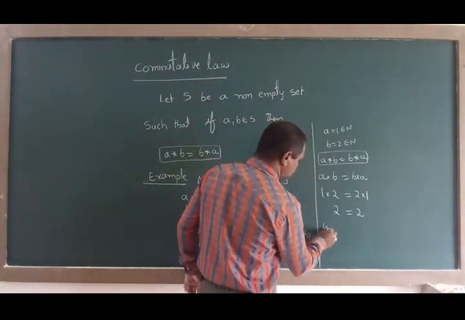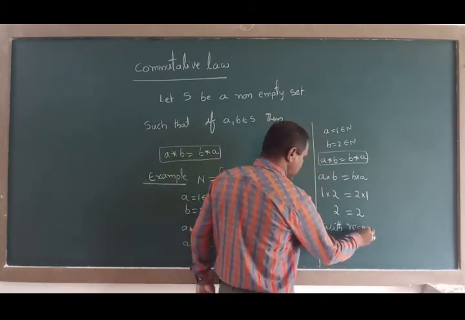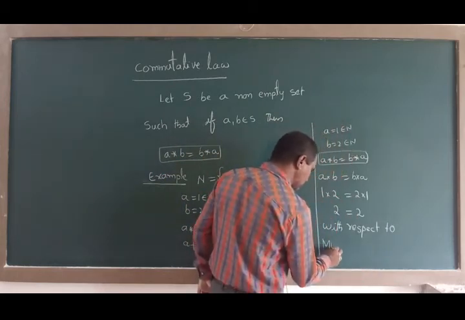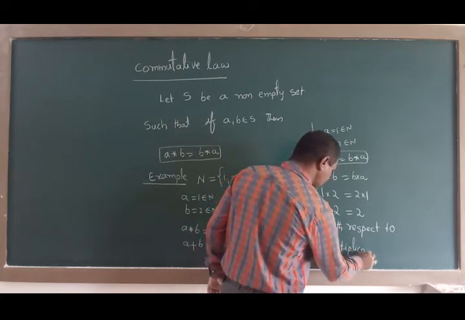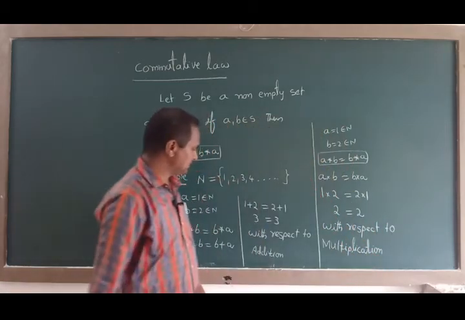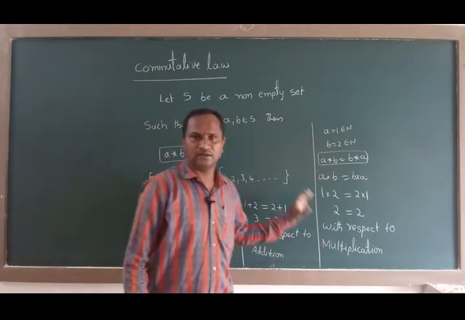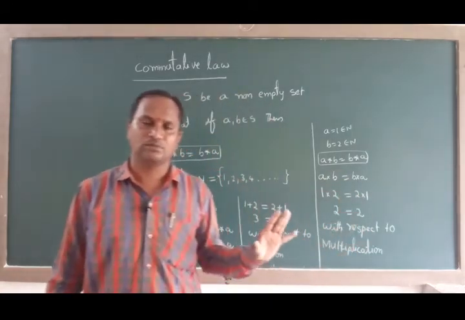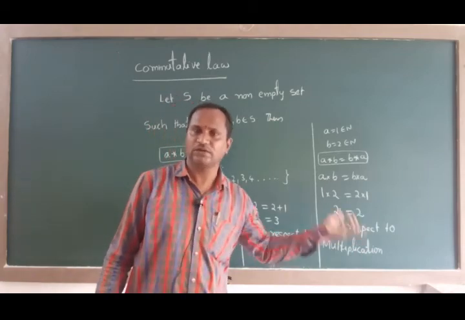This is with respect to addition, and this is with respect to multiplication. Like that, we are giving the definition for commutative, and at the same time we are checking commutativity with respect to addition and with respect to multiplication.